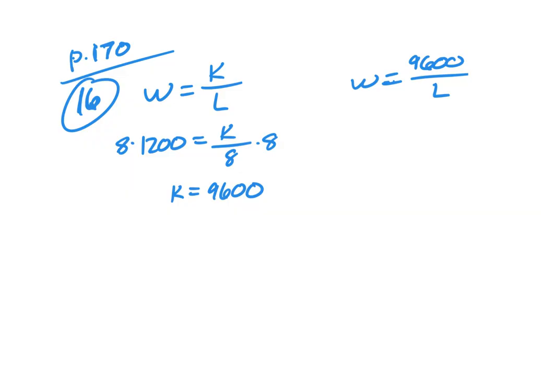So based on this story, that K value will stay the same all throughout, okay? Each problem, that K value is going to change, obviously, but for this problem, the constant will remain 9,600. And we're going to take it one step further, and it says, how many kilograms can a 14-meter beam support?